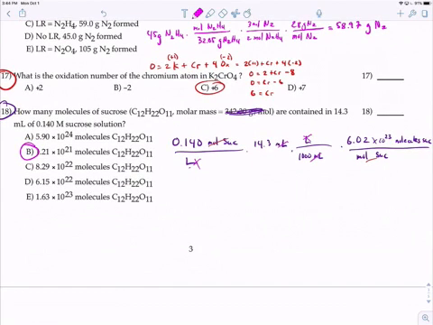Questions with how to do this one? This is just extra. That's just extra information. You don't even need that. That's just there to throw you off.